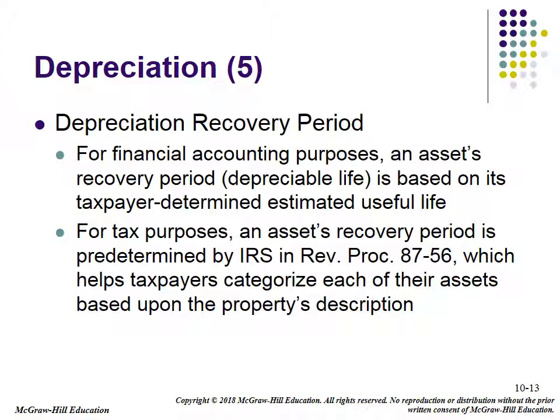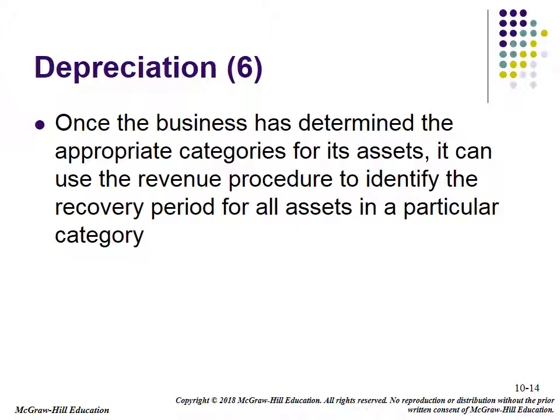I am not going to make you look at that. It's very lengthy. And of course it would be, because they're trying to guide you on every type of possible asset that could be purchased. We are going to focus on a few, and we'll define that in a second.